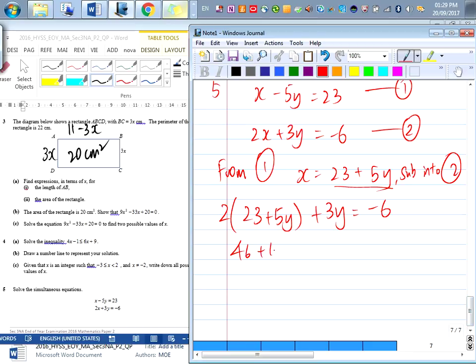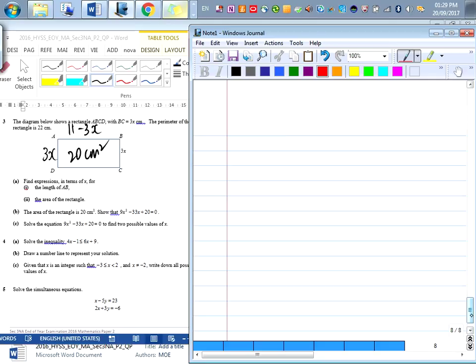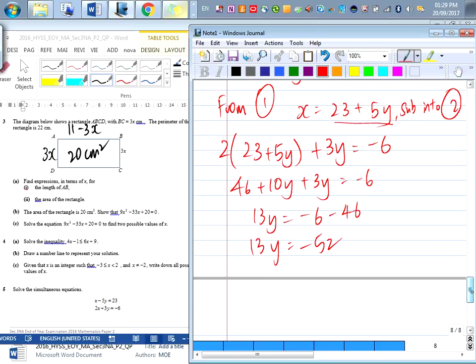So 46 plus 10y plus 3y plus 6 equals 0. I just move everything to one side, or if you don't want to, it's fine also. Equals -6. Okay, then we have 13y equals -6 minus 46. 13y equals -52. So what is y?